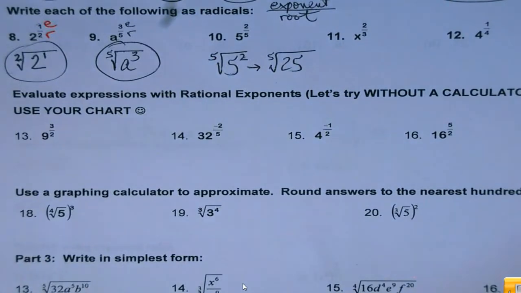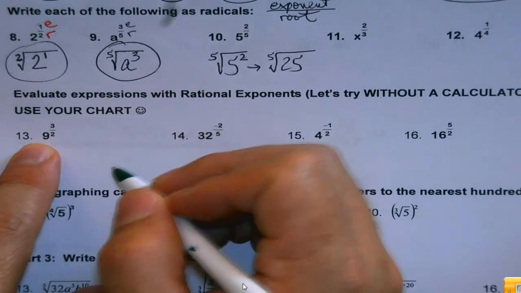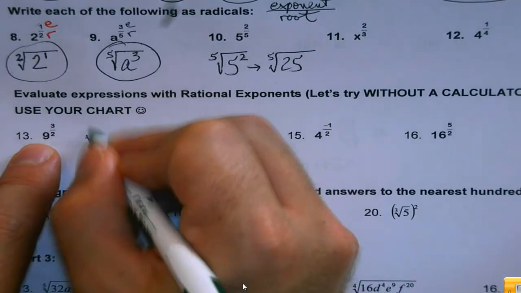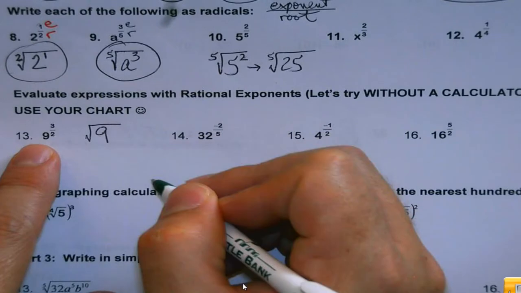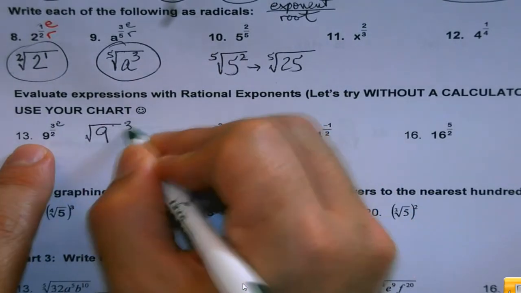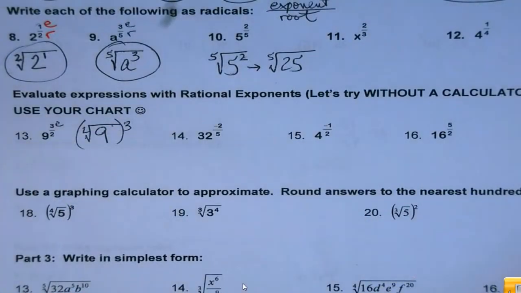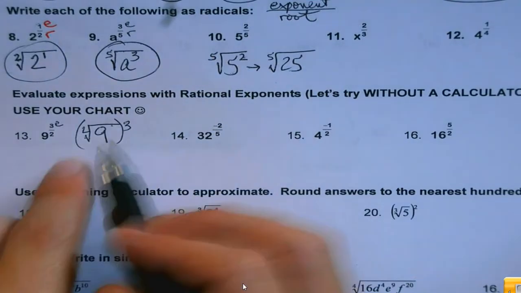So here's what I was thinking when we did this originally. If I turn this back into a radical, okay, let's get my square root, I get my 9, there's my exponent, there's my root. The initial goal in doing it this way was you do what's in here first.